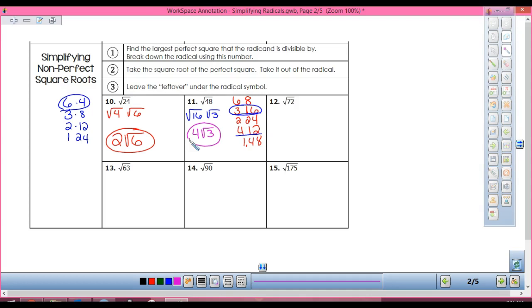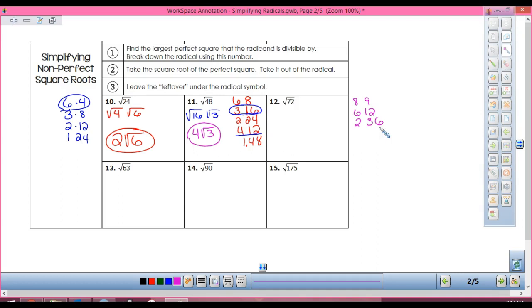Alright. How about 72? 8 and 9. Okay. There's 1. What else? 6 and 12. 2 and 36. Alright. So do we already have two perfect squares up here? Yep.